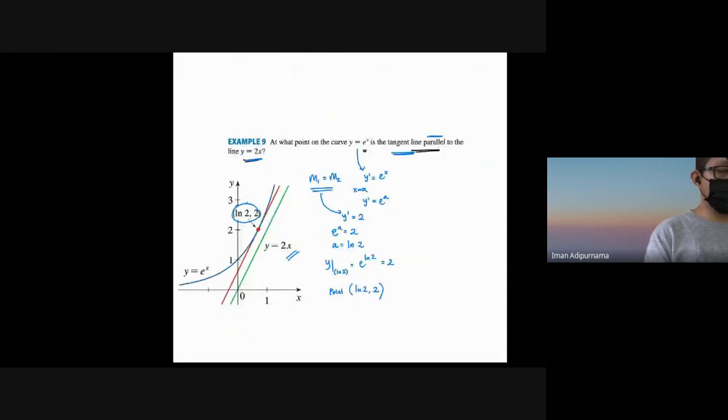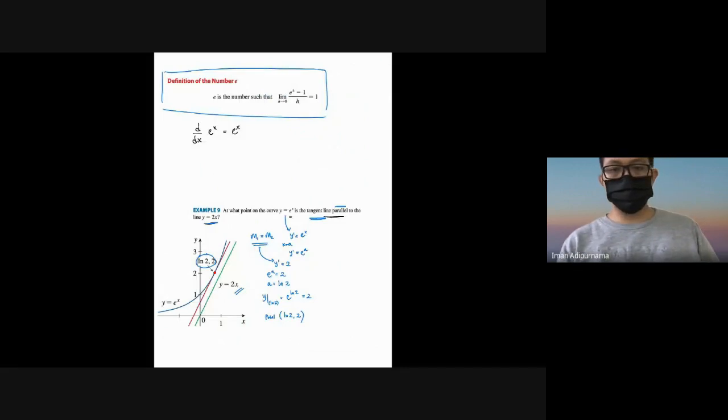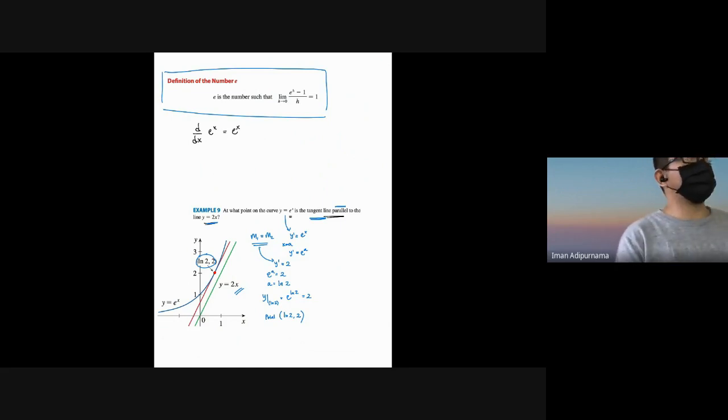Okay. Now that is the exponential function. Okay. The next sections, we're going to elaborate more.